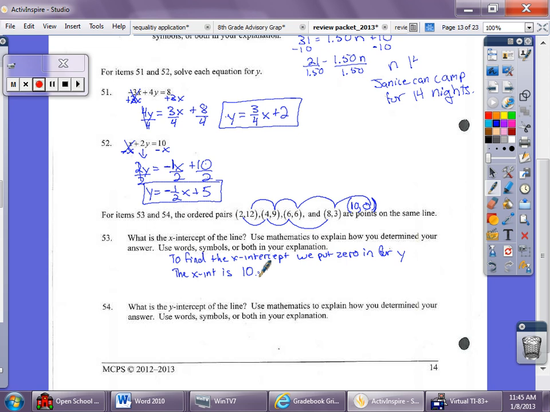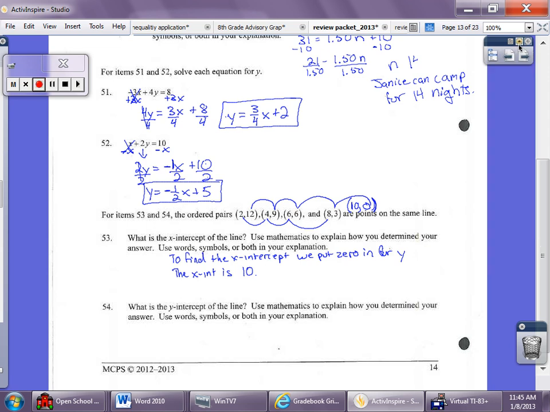Now the other thing, we could also write our equation of the line. To do that, we need to find the slope. I'm going to write the equation of the line on the side over here. We want y equals mx plus b, so we need to find these values.